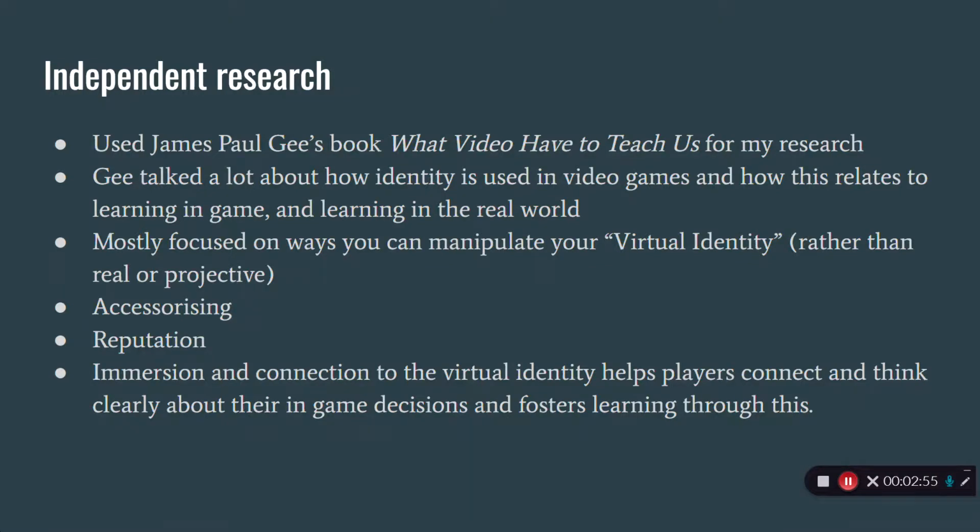There are two main ways you can do this that I found in Morrowind: accessorizing and maintaining your reputation with non-playable characters. Accessorizing is being able to give your character different clothes or weapons or abilities or followers, just things that make your character the way you want, so you can represent them, I guess.